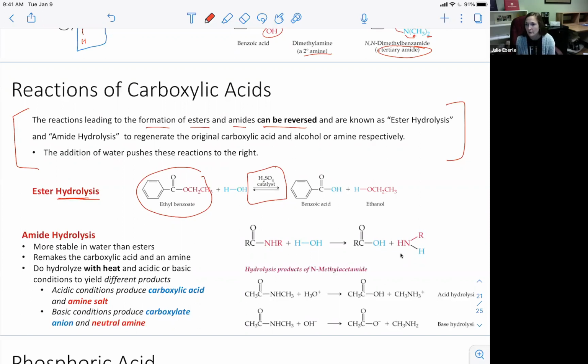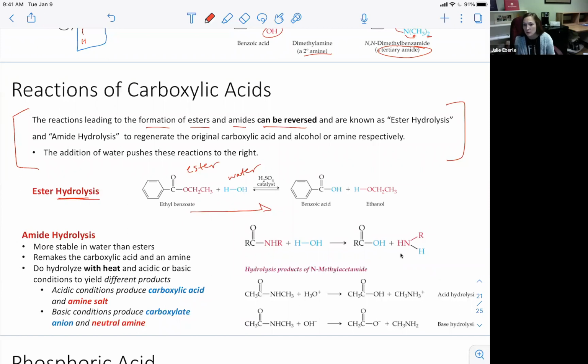Anytime you take water and you use it to break apart molecules, we call that hydrolysis. What it does is it regenerates. So we're looking, here's our ester. Here's water. We regenerate the carboxylic acid and the alcohol.